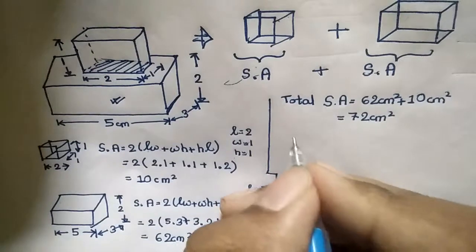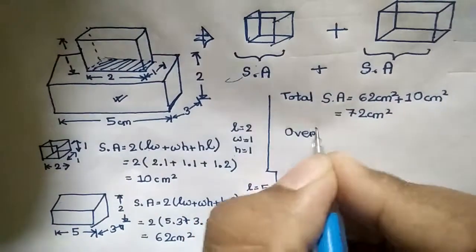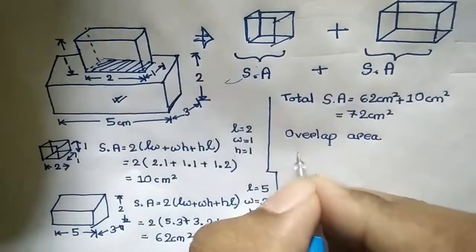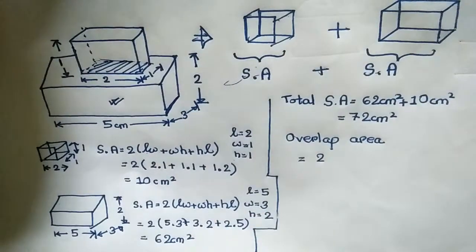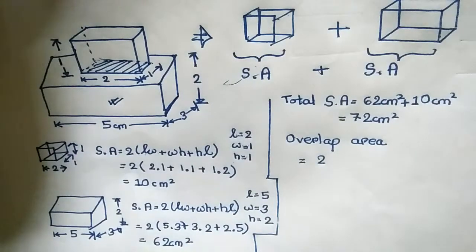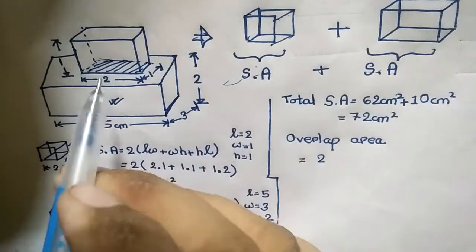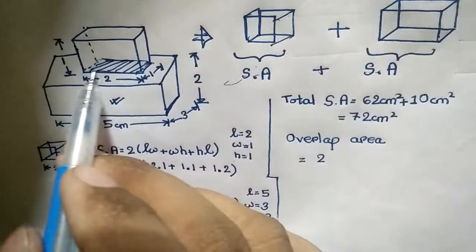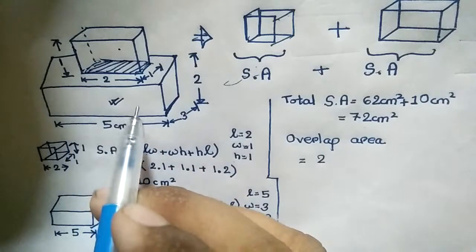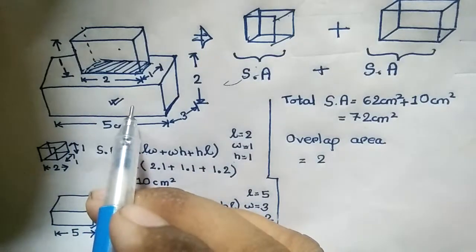As I said before, in order to find the overlapping area, you always have to do one important thing, which is multiply with 2. All the time there should be a multiplication with 2. And why do we use 2? Because this part is connected to both the objects, the smaller rectangular box as well as the larger rectangular box.